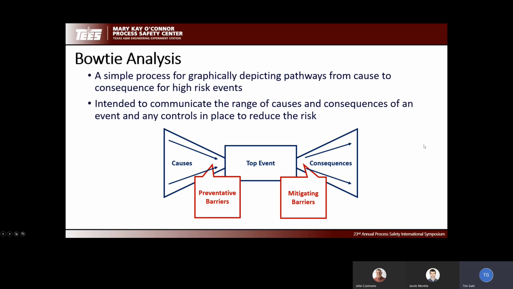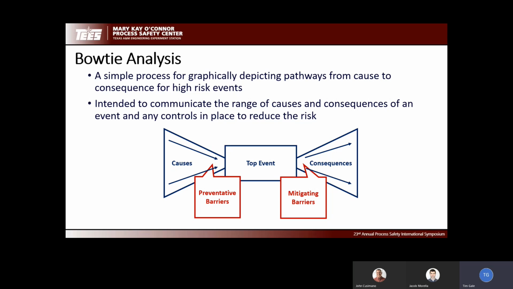Just a quick refresher for those of you that may be familiar or just learning about Bowtie. It's a simple process that graphically depicts pathways from cause to consequence, and we use them to help us illustrate high-risk events.